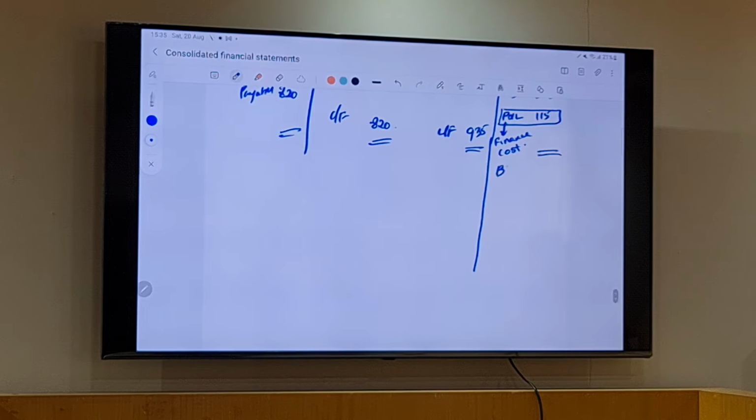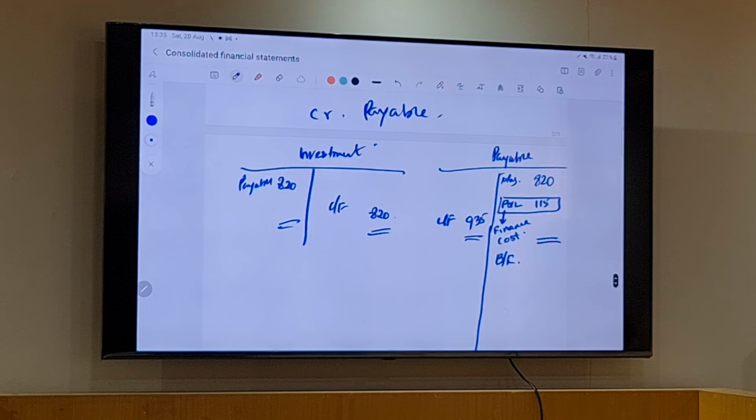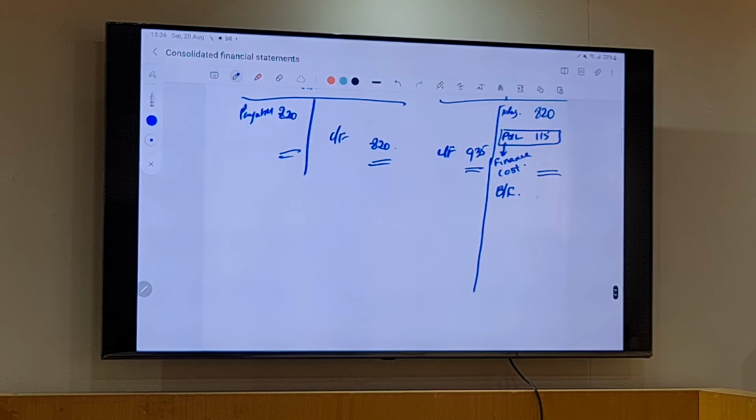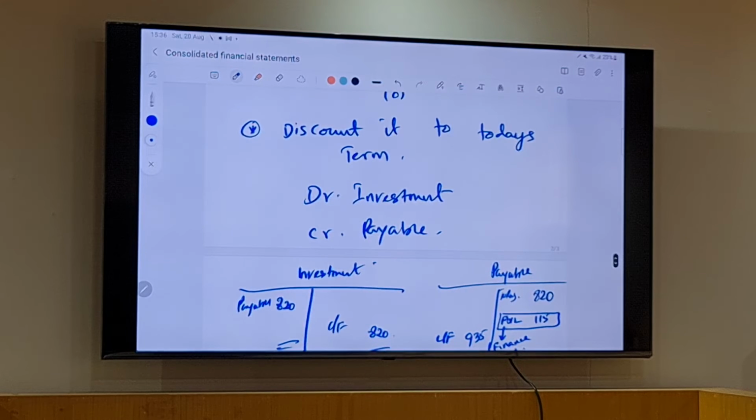So now you go to the next year. In this situation, the investment will be 820 only. That will not change. That will remain 820 only. But the payable only will change. Investment at year 0 is done, and we calculate goodwill and the story is over. But this payable will continue. So here 935. But at the end of the second year, cash: how much will I pay?